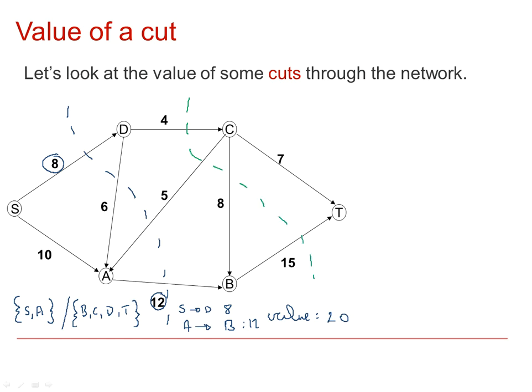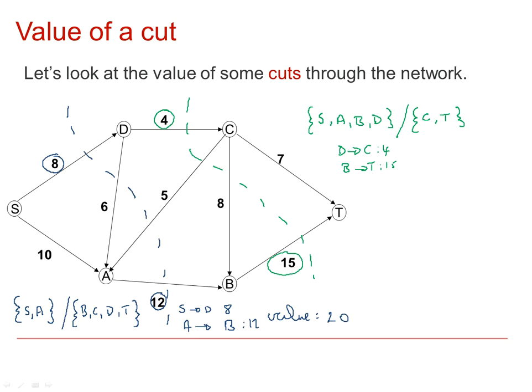So we've got there the source set, which remember must contain S. It also contains A, B and D. And the cut with then the sink set, which contains C and T. If we look at those which are going from the source set to the sink set, then we have got 4 going from D to C, and 15 going from B to T. The others are going the wrong direction again.